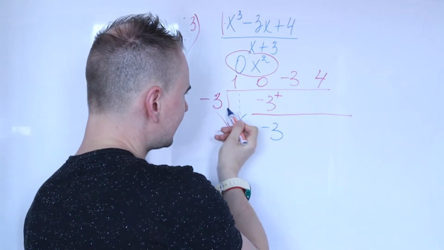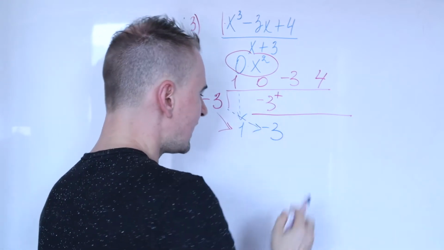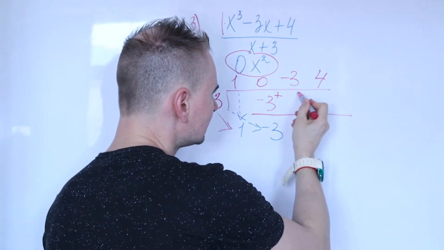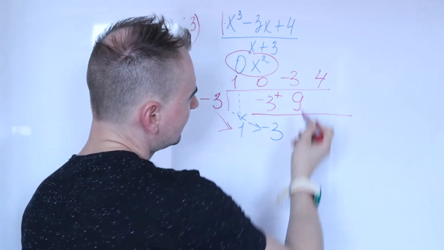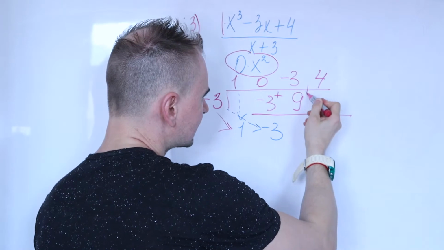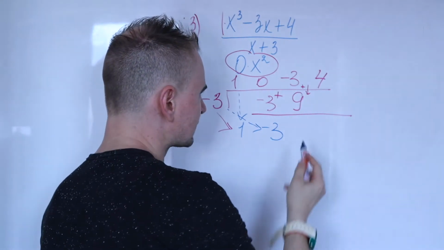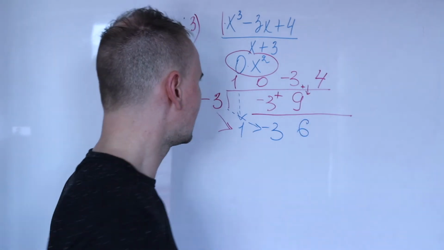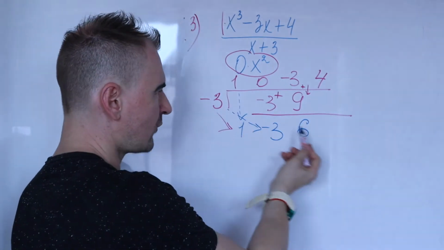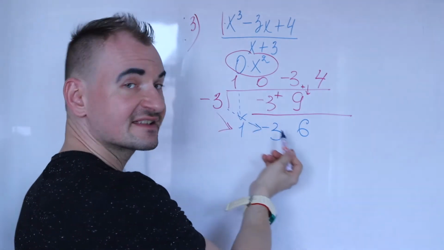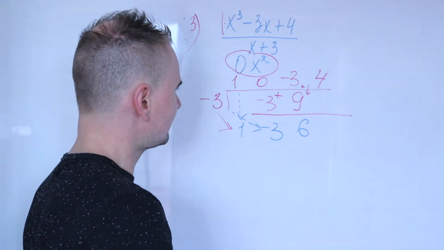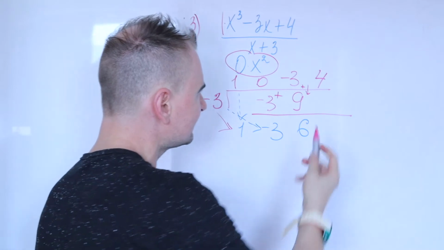Minus 3 times minus 3 gives me 9, positive 9. I'm placing it there, and I add them vertically. Minus 3 plus 9 gives me just positive 6. Again, one more step. Minus 3 times 6 gives me negative 18.